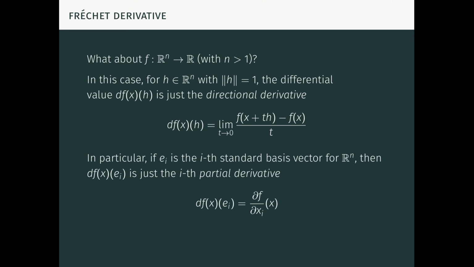In particular, if e_i is the ith standard basis vector for R^n, then df at x at e_i is just the ith partial derivative of f. In other words, df at x at e_i is just the partial of f with respect to the ith variable x_i, evaluated at x.